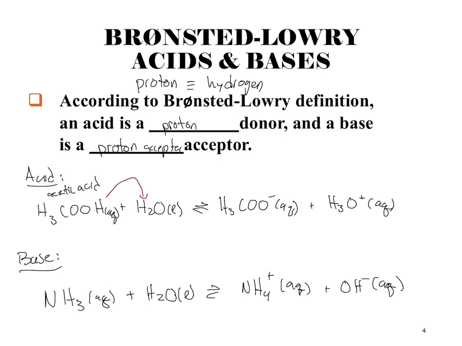So this one now accepts a proton from water, which means it's a Bronsted-Lowry base. And so Bronsted-Lowry says it's not just OH minus or H3O plus that determines if something is acidic or basic. It's whether or not it donates a proton. So this expands the definition a little bit, especially of bases.